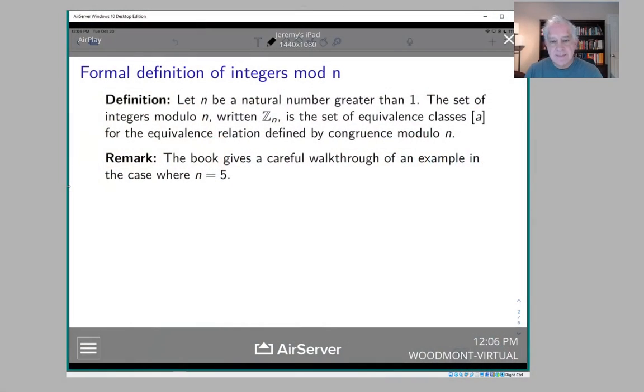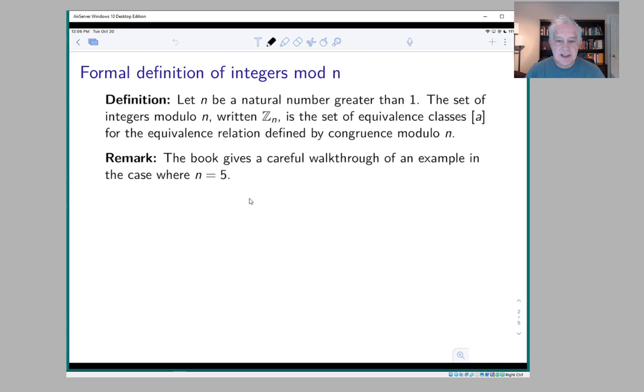So here's what I mean by a formal definition. We're going to fix a natural number n greater than 1, and we're going to define a set written Zn, the integers modulo n, and we're going to define this set to be the collection of equivalence classes that are created by the equivalence relation a is congruent to b mod n.